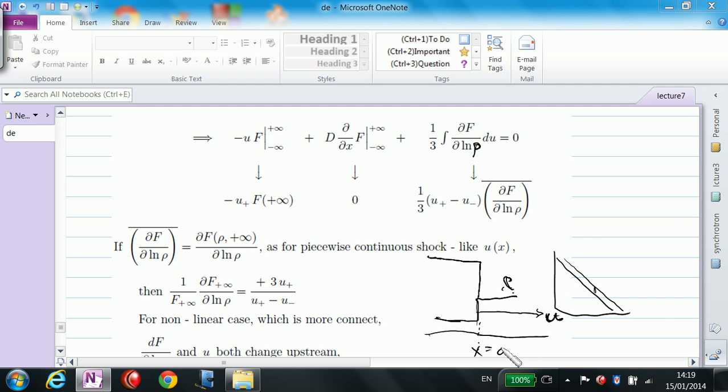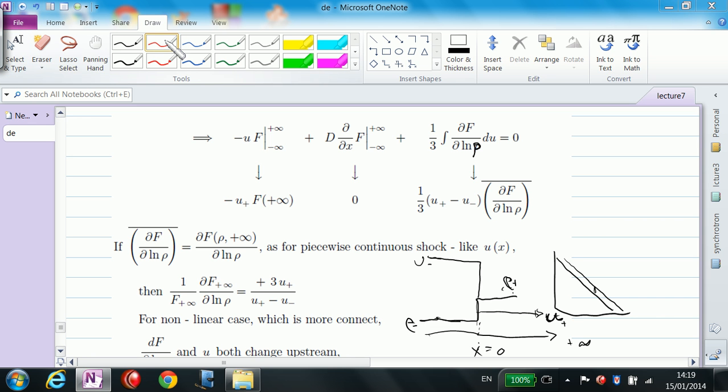This is x equals 0, and this is going towards plus infinity. So the rate of convection is u plus. Sorry, this is u minus up here. This is rho plus and rho minus. You know what? For once, I'm going to use the red.